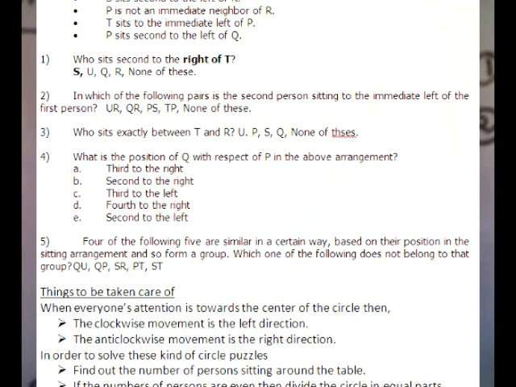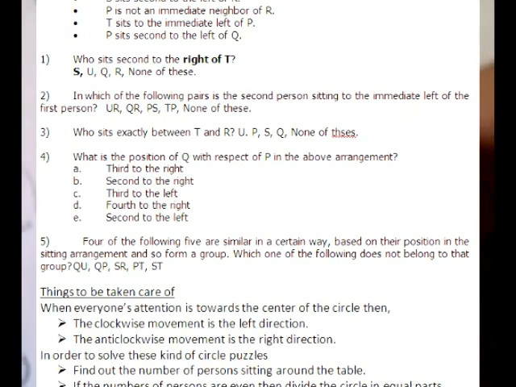Okay. Now, what is the second question? The second question says, in which of the following pairs is the second person sitting to the immediate left of the first person? Now, let's take the first option.